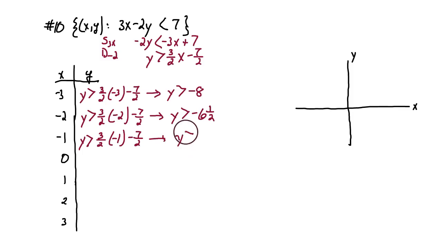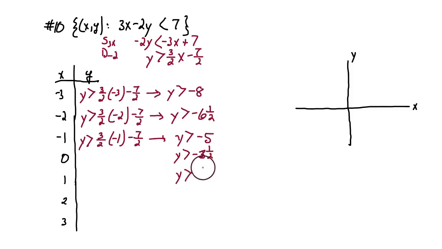This makes y is greater than 3 times -1 is -3/2 minus 7/2, which is -10/2. That reduces to -5. I think I see the pattern. It looks like it's changing by 1.5 units each row. So this next one will be y is greater than -3.5.